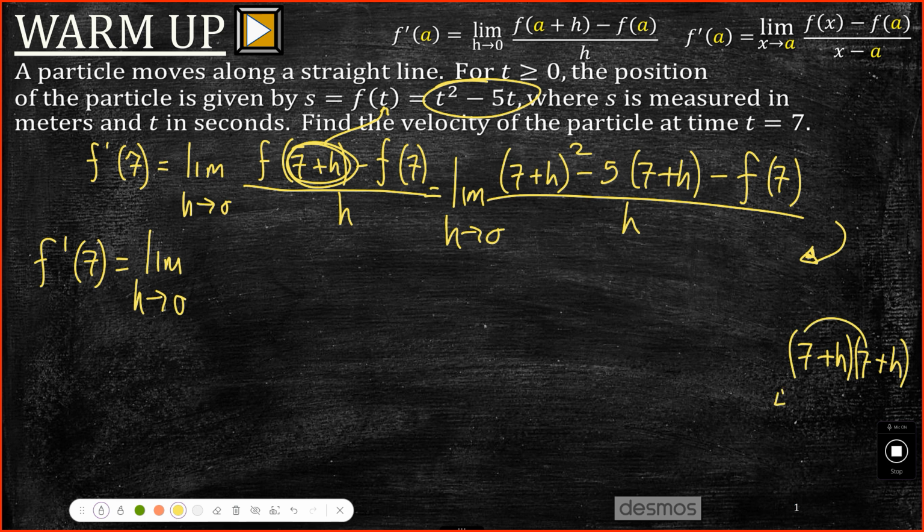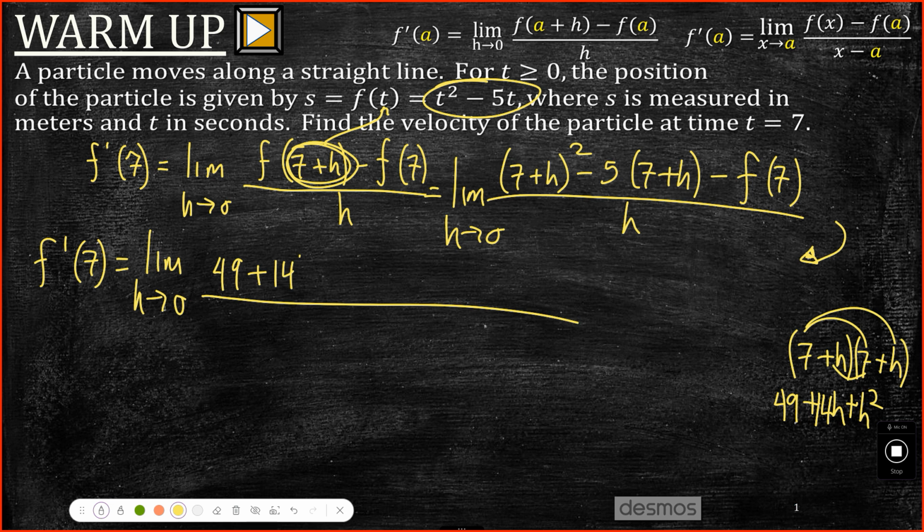That's going to be what? 49. 7h plus another 7h is 14h. And then h times h will be h squared. So let's put that on the top. This is going to be 49 plus 14h plus h squared.